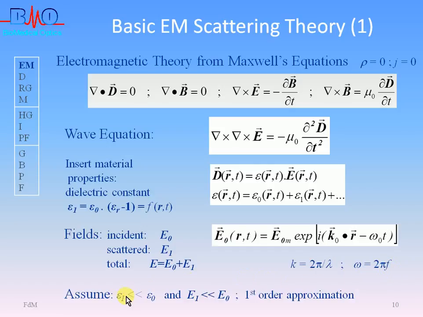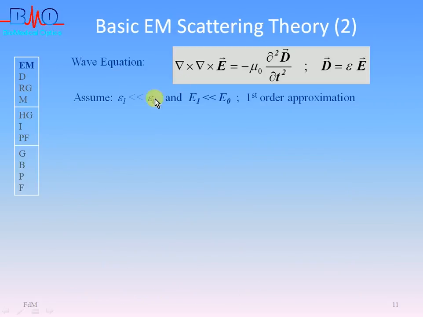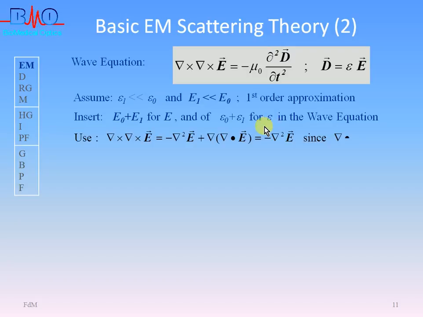Now we assume that epsilon 1 is much smaller than epsilon naught, and E1 consequently is much smaller than E0, and this is the first order approximation. Here we have the wave equation again, and in the first order approximation we insert E0 plus E1 for E and epsilon naught plus epsilon 1 for epsilon, and take only first order terms.